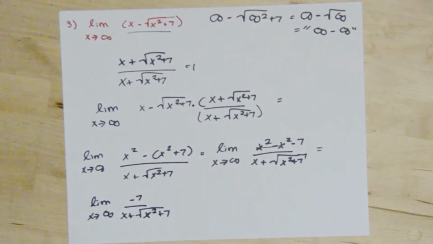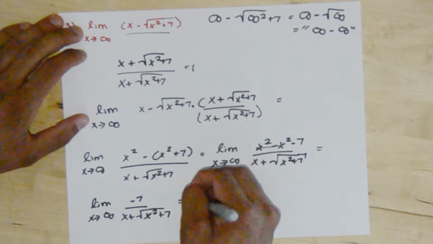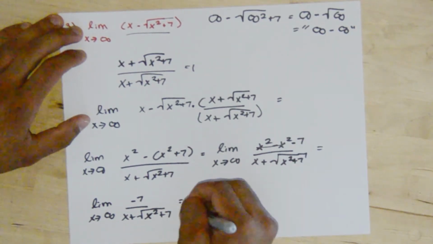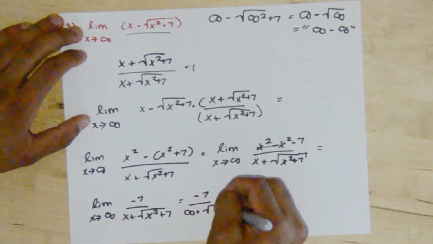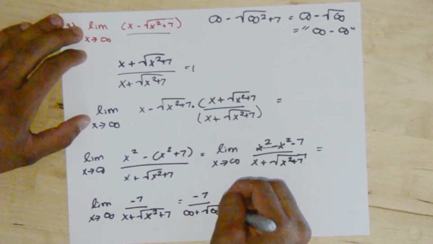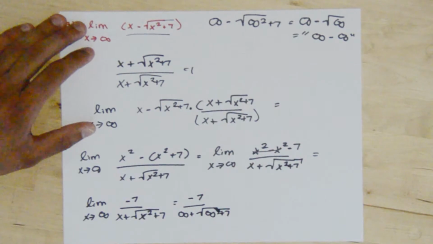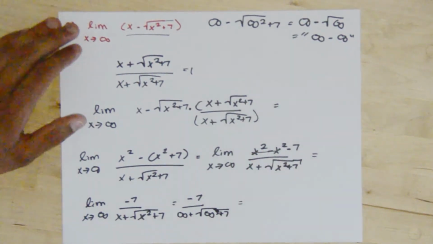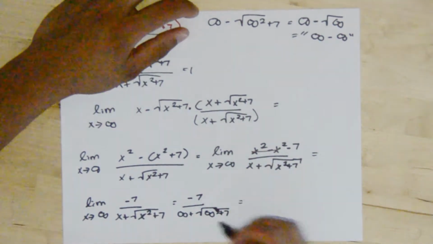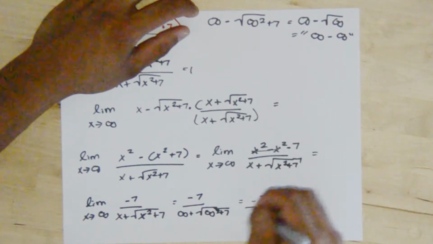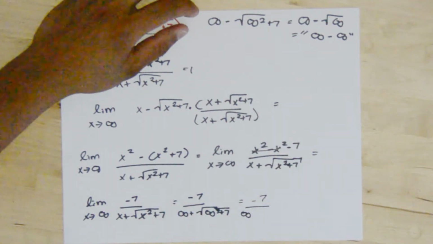So now if you plug in infinity, look what we get. We get negative 7 over infinity plus the square root of infinity squared plus 7. So if we start inside the radical and simplify that out, we know that infinity squared is infinity.